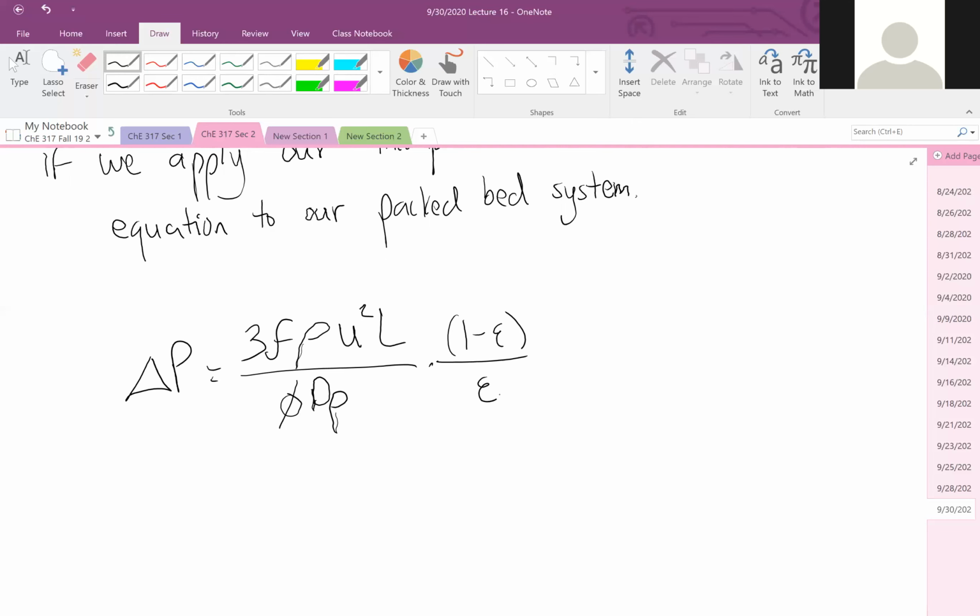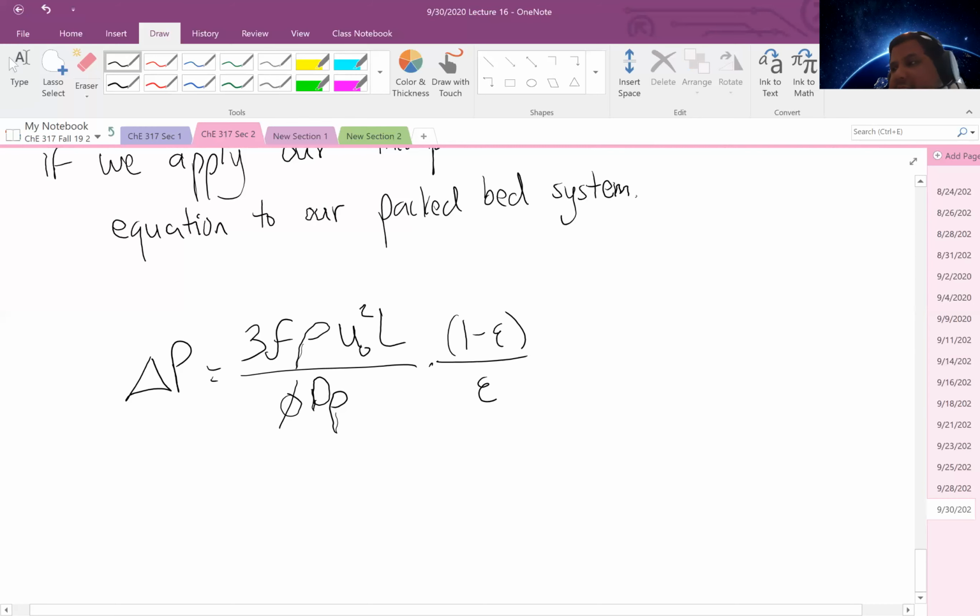Dr. Lopez, would that velocity be the velocity in the bed or in the pipe? That's a very good question. This is the superficial velocity. So a lot of times you'll see it written as U sub naught.